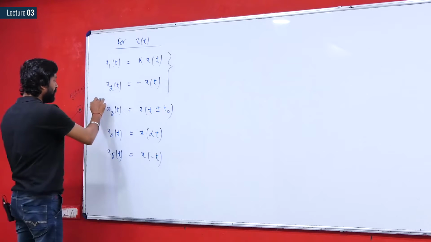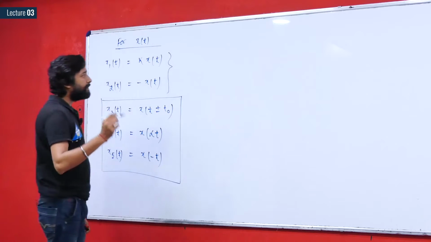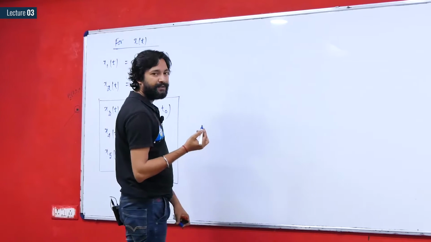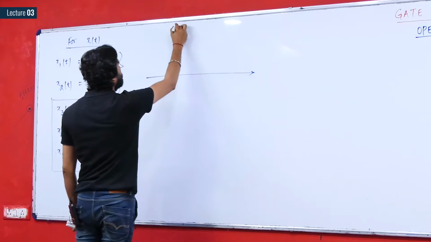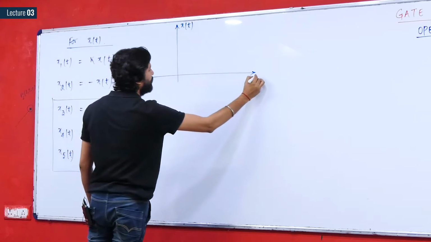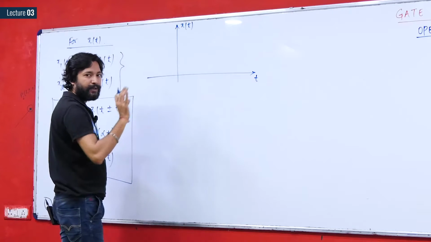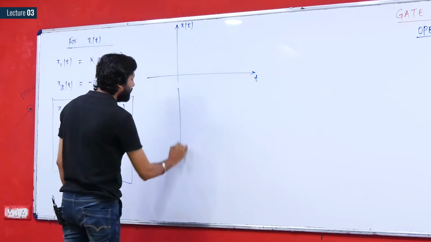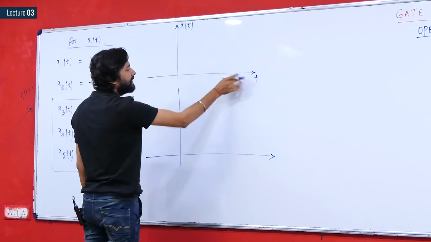But before discussing these operations, what you must keep in mind is, if you have any function x of t and you are plotting it with respect to time, whatever the shape of this signal x of t is going to be maintained if you replace t on both the axes by any other function of t.